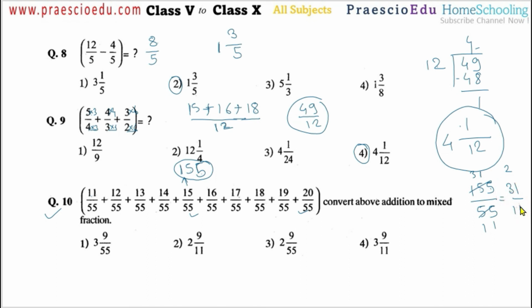If we do 11 threes, that will be 33, but here it is 31. So 11 twos are 22. Now 31 minus 22 is 9, so 9 is the remainder. Now it is the numerator, and this quotient is the whole number 2, and this divisor is 11. So 2 and 9 upon 11, so 2 and 9 upon 11 means option number 2 is correct. Thank you.